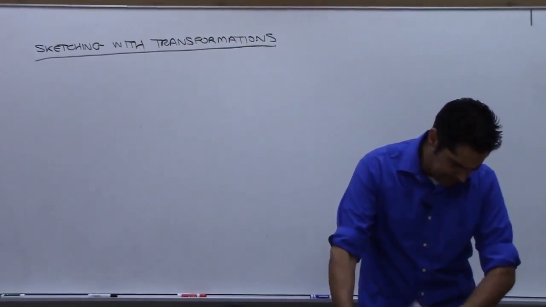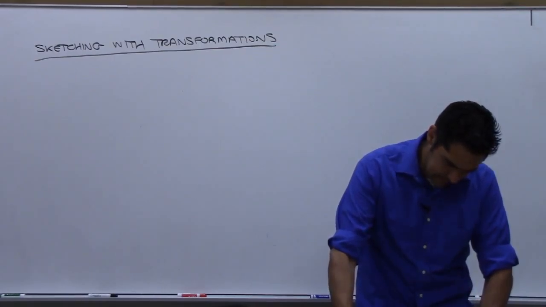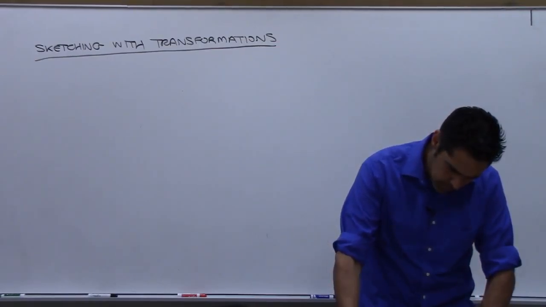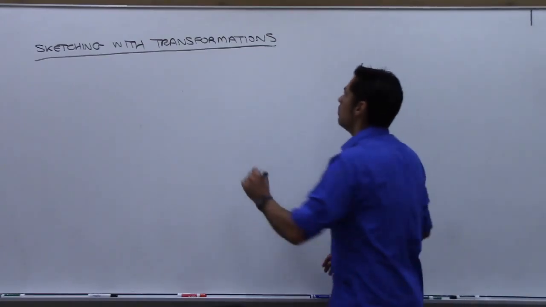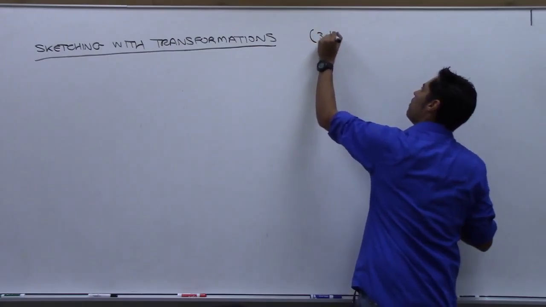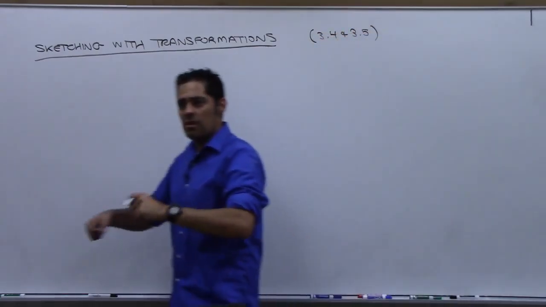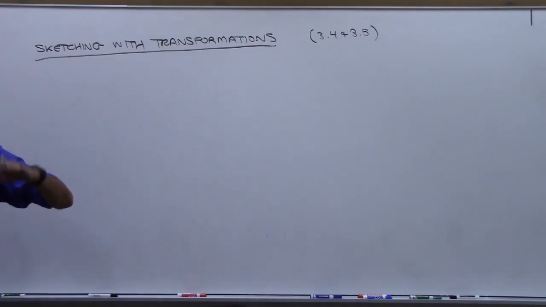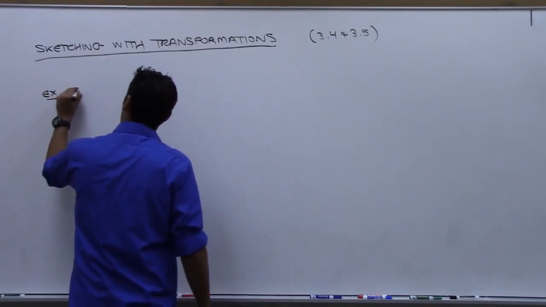It was 3.4 and 3.5. 3.4 and 3.5 is when we did toolbox functions, library functions, and then we did the transformations. I'm just going to pick up right where we left off there and start doing some transformations and sketching for these exponentials.